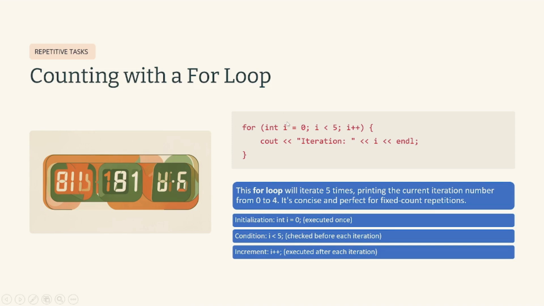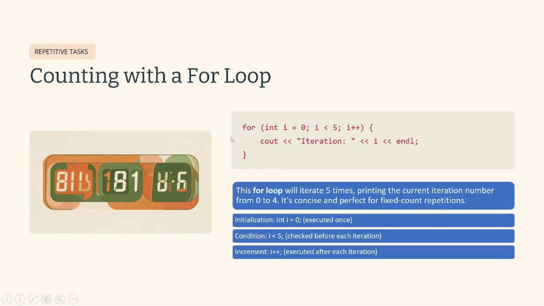And next is i++. i++ means i = i + 1. It increases the value of i by 1 after every iteration. Means when it finishes the first iteration, it will again increment the value of i by 1.